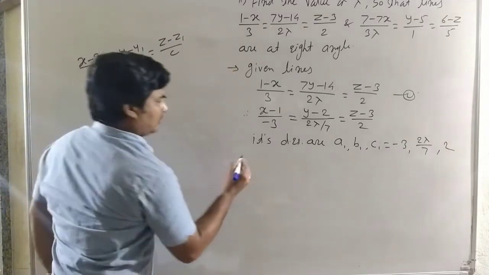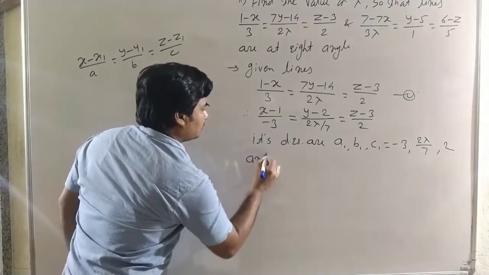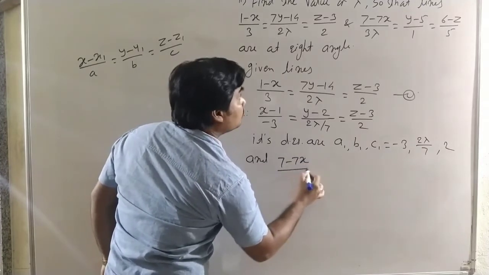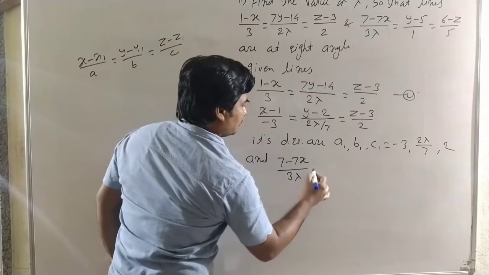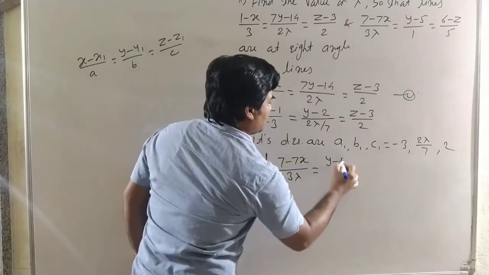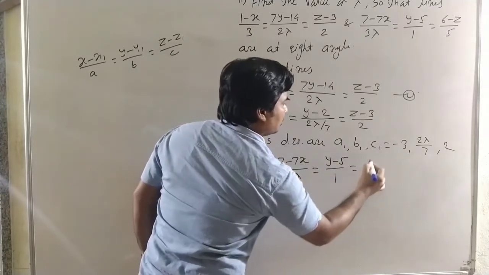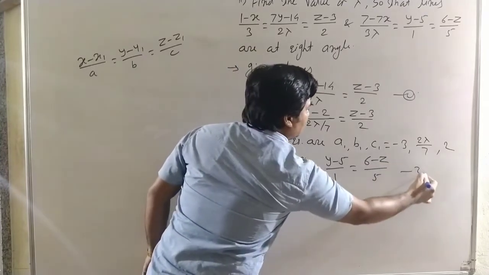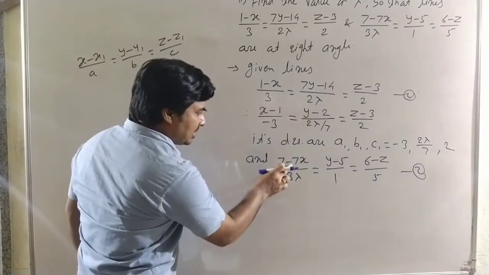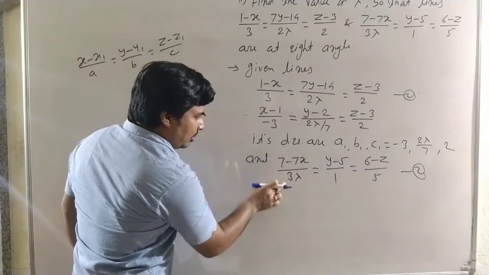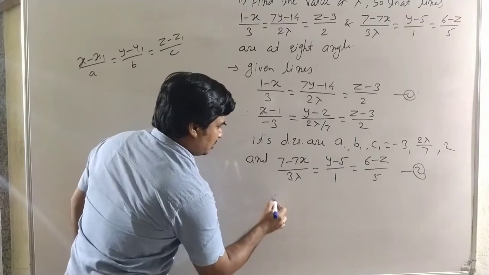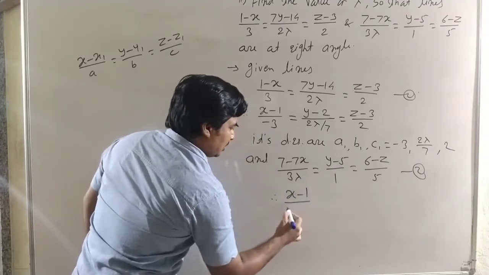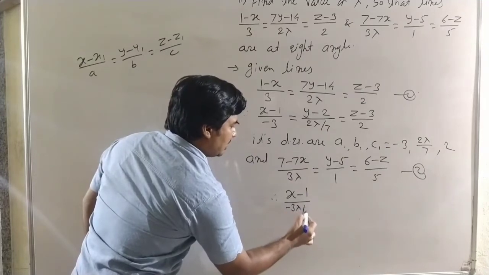Now the second line: the equation of the line is (7 minus 7x) upon 3 lambda is equal to (y minus 5) upon 1 is equal to (6 minus z) upon 5. Okay, it is equation number 2. Now here it is minus 7x, therefore divide numerator and denominator by minus 7, therefore we get (x minus 1) upon minus 3 lambda by 7.